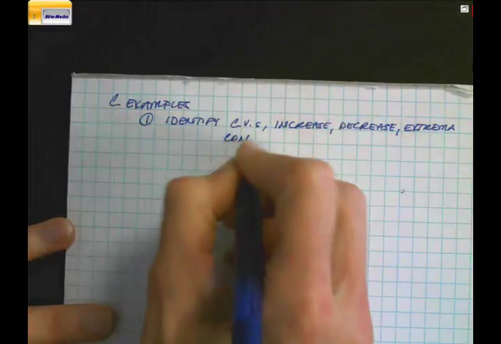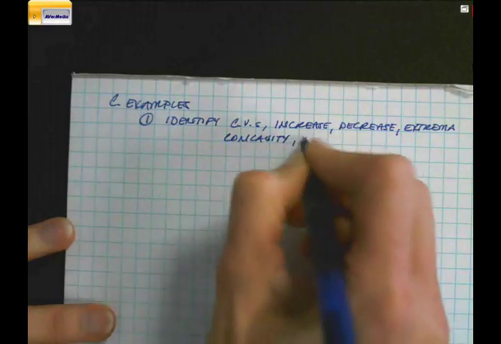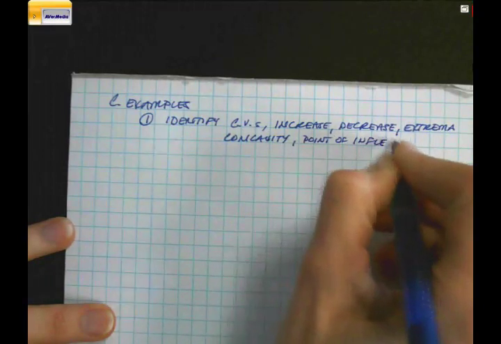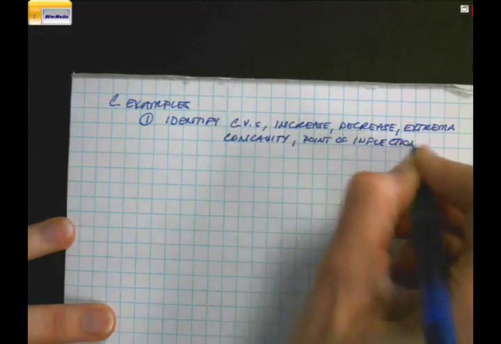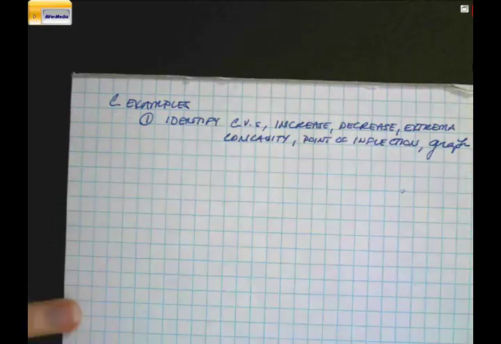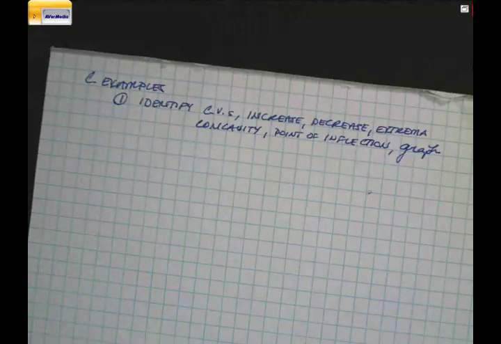Tell me concavity. Tell me if there's a point of inflection. And then graph it. All this kind of stuff they're going to ask you. They have all kinds of questions they can ask you now. You got the first derivative going on. You got the second derivative going on. It tells us a whole bunch of stuff. Now let's show that we can figure it out.